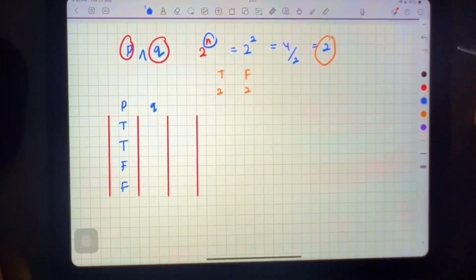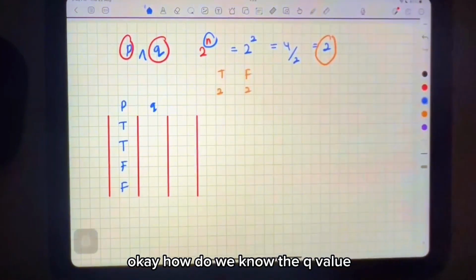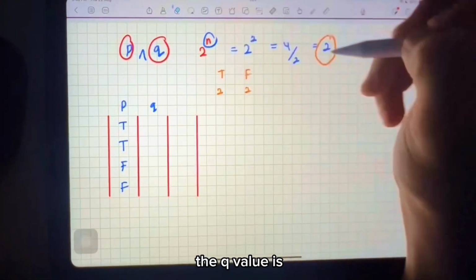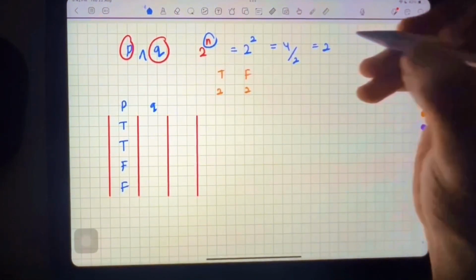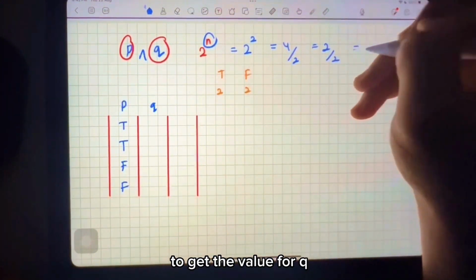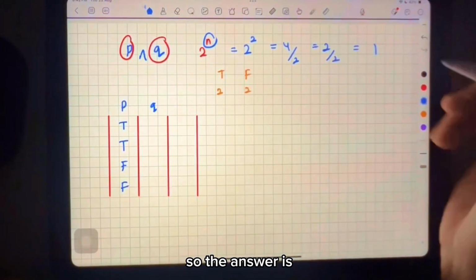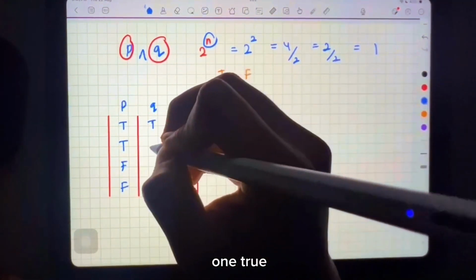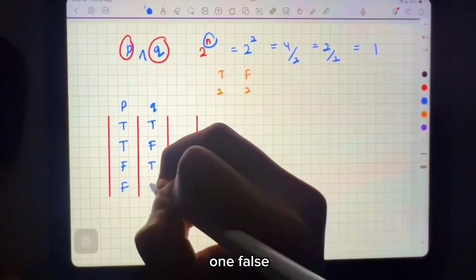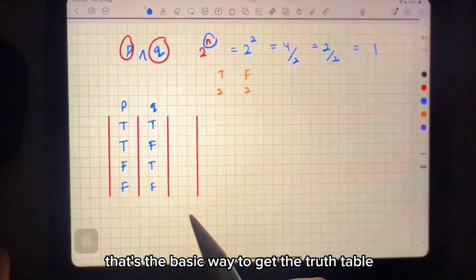Like that, okay? How do we know the Q value? For the Q value, we divide by another 2, which gives 1 true and 1 false. So the answer is 1 true, 1 false, 1 true, 1 false. That's the basic way to get the truth table.